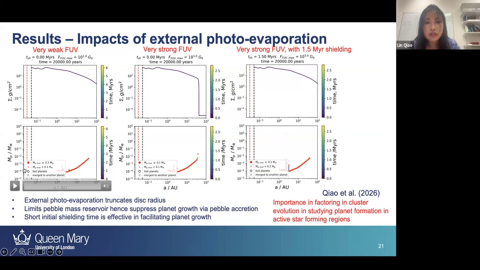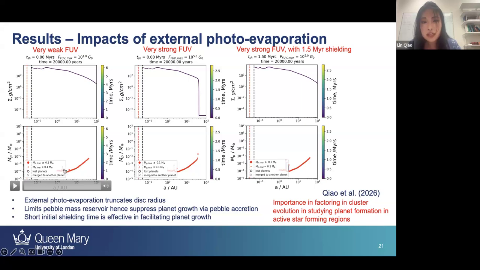Now, just to demonstrate some of the results, the left-hand side panel is a video of disk evolution on the top plot and planet growth on the bottom plot via pebble accretion, in a disk that is subject to a very low level of radiation, therefore practically no external photoevaporation at all. The top plot shows the evolution of disk surface density, and the bottom figure shows the planet mass against the semi-major axis.